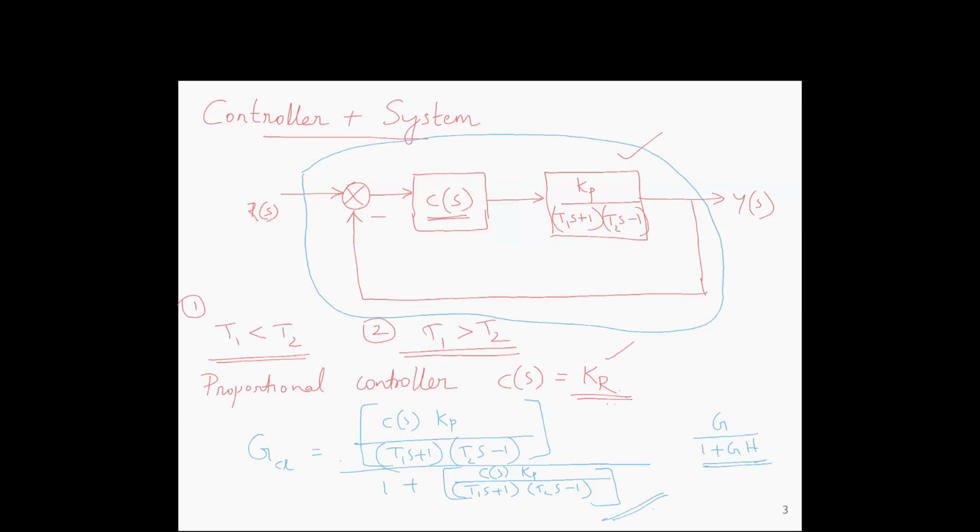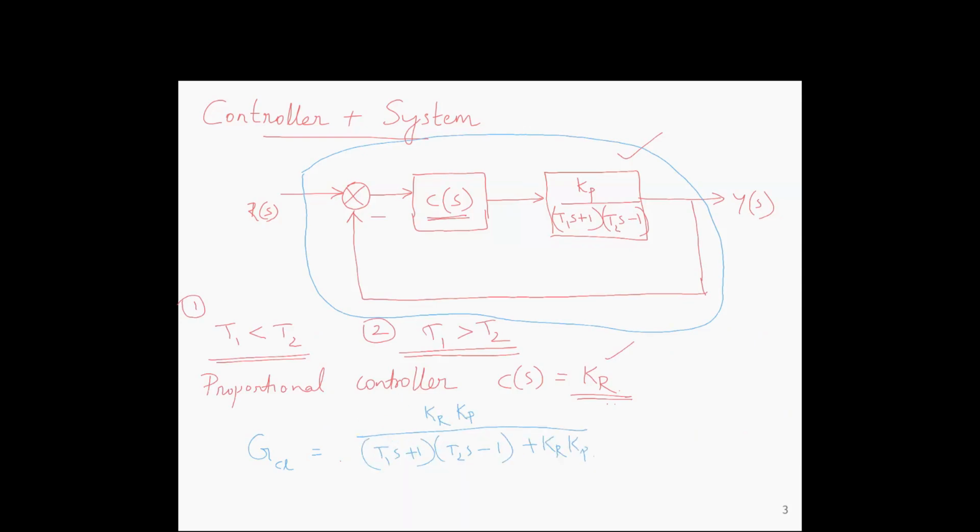Instead of C of S, I am substituting KR. After simplification, it is KR KP divided by (T1s plus 1) into (T2s minus 1) plus KR KP. So this is the closed loop transfer function of the system.